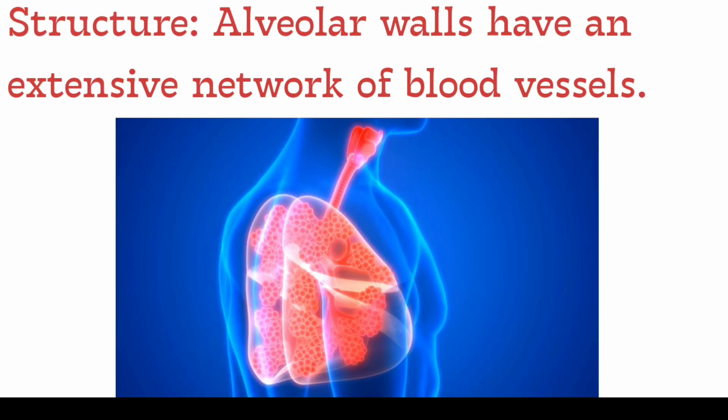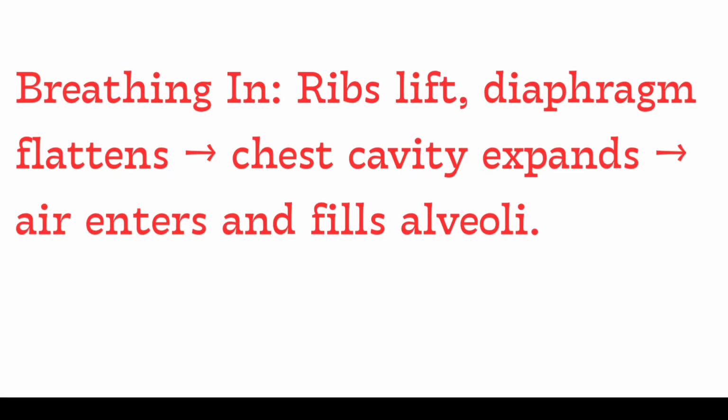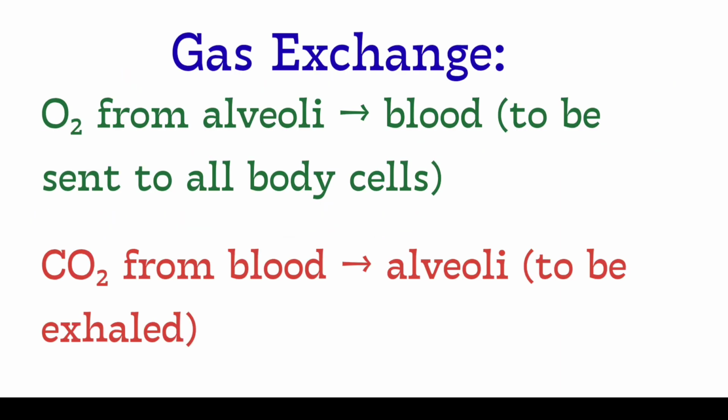When we breathe in, our ribs lift up, the diaphragm flattens, and our chest cavity expands, pulling air deep into these alveoli. Here, oxygen from the air quickly slips into the blood, ready to be sent to every cell in our body, while carbon dioxide from the blood moves into the alveoli, waiting to be breathed out.